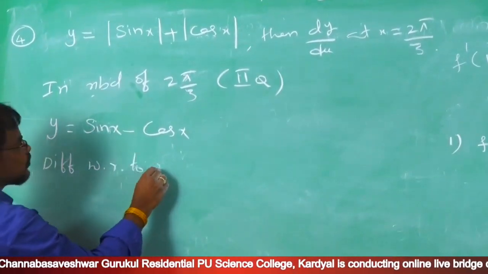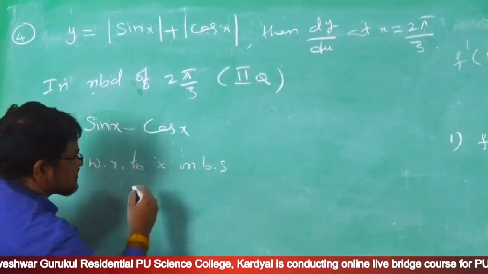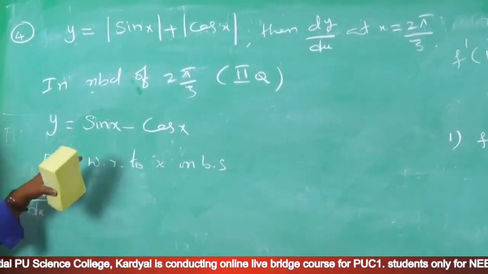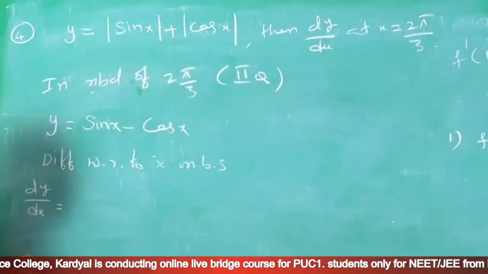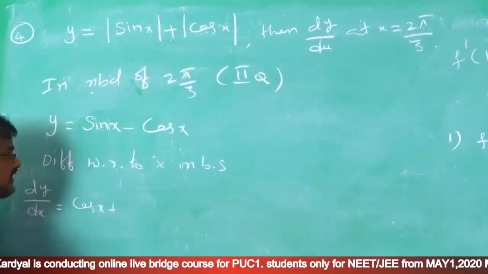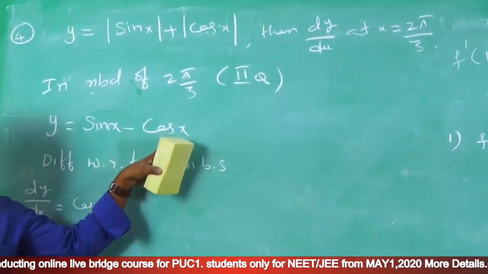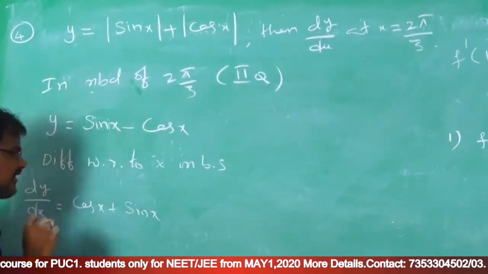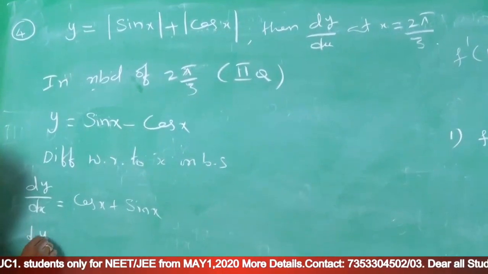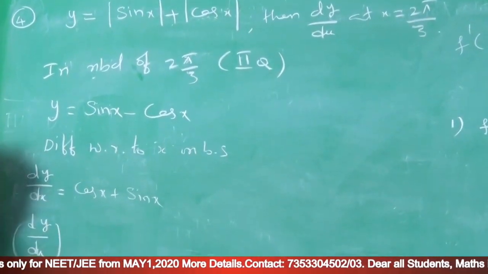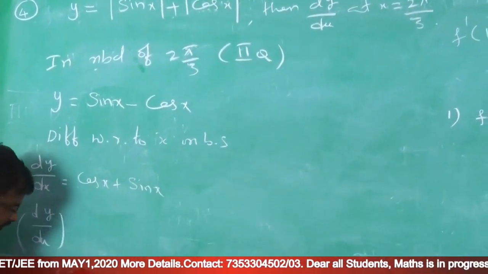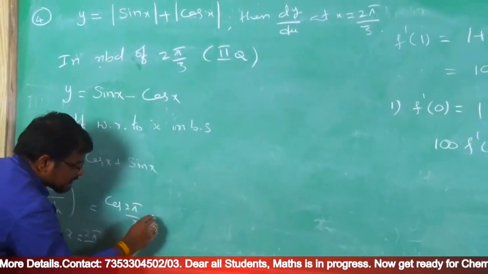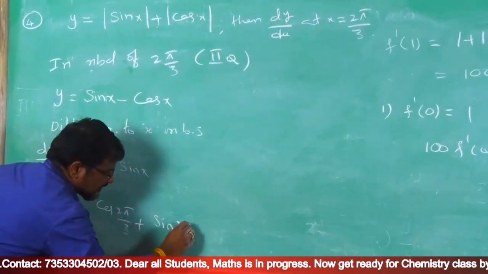Now do the differentiation, differentiating with respect to x on both sides. Now dy by dx equal to the differentiation of sin x, which you already know, cos x, plus the differentiation of minus cos x, which is minus of minus sin x, so plus sin x. Now dy by dx at x equal to 2 pi by 3 equals cos 2 pi by 3 plus sin 2 pi by 3.